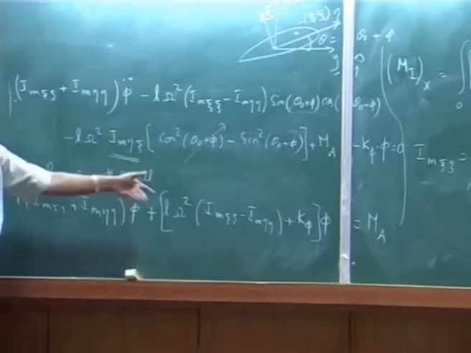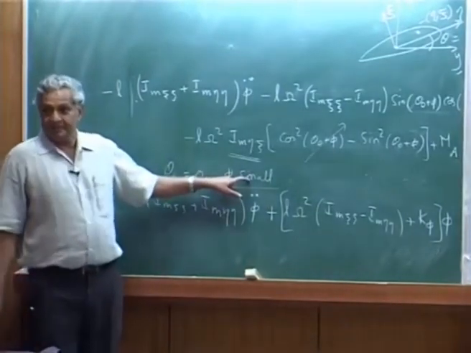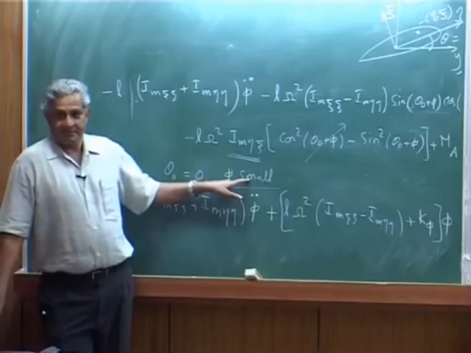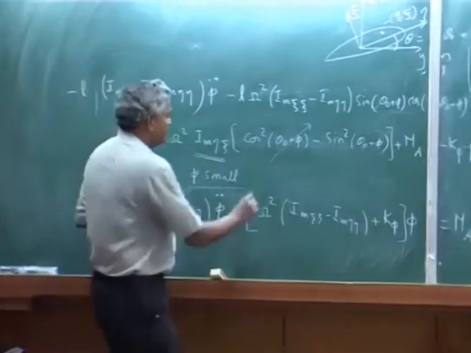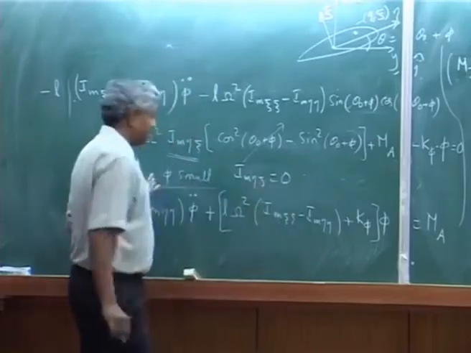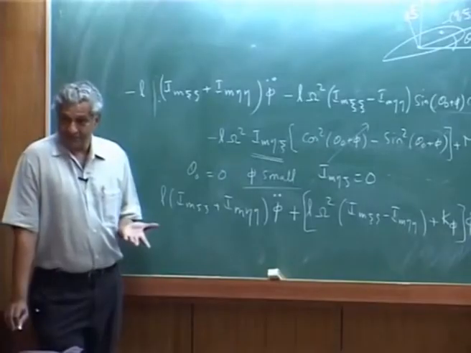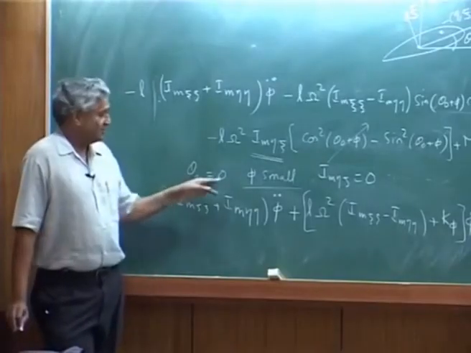I have made it highly simplified with this assumption. And I said I m eta psi is 0. So, I make all those assumptions. It is a symmetric aerofoil, theta naught is 0, p is small.